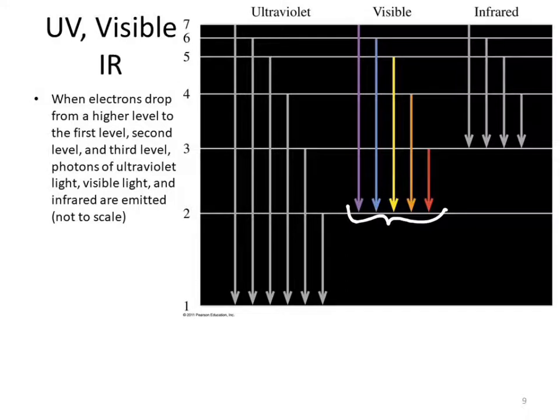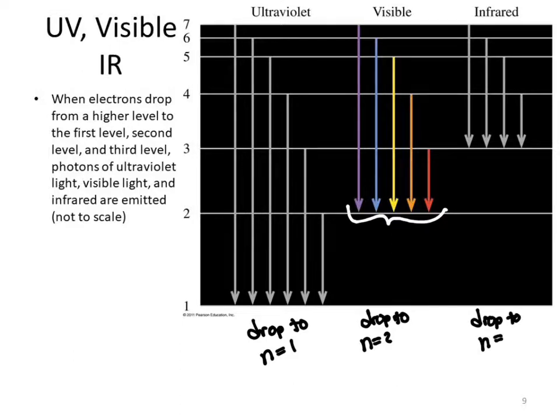Okay? It's right there. And so notice that for UV, we drop to n equals 1. So we drop back down to the first energy level. For visible, we're dropping to n equals 2. And for infrared, we'll drop to n equals 3.